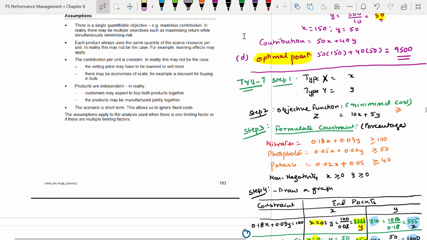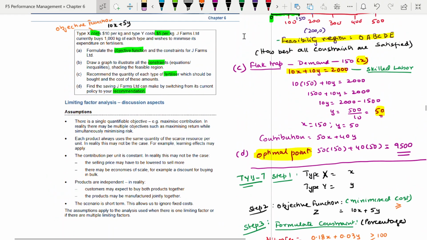Now what are they asking us? See point number 3: recommend the quantity of each type of fertilizer which should be bought and the cost of these amounts.